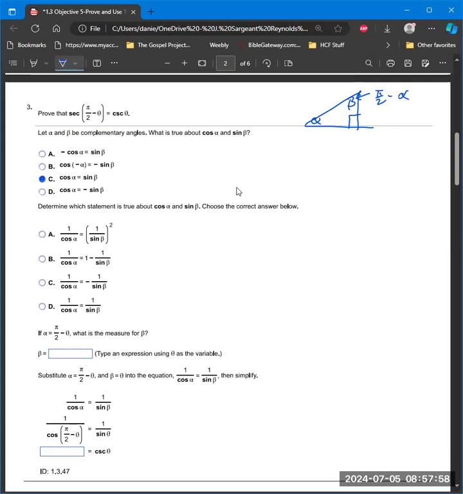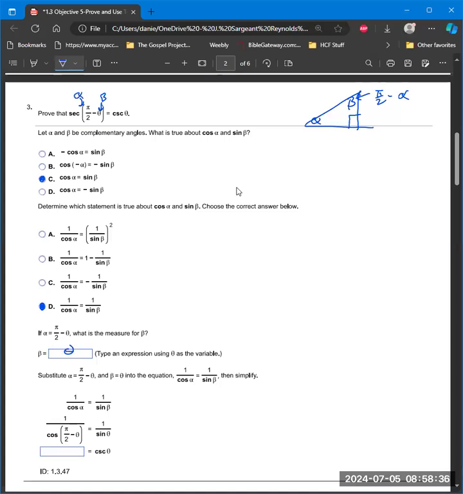Then we can say that 1 over cosine alpha is equal to 1 over sine beta. And so that means that beta is equal to theta here. This is my beta, because this whole thing here is my alpha.